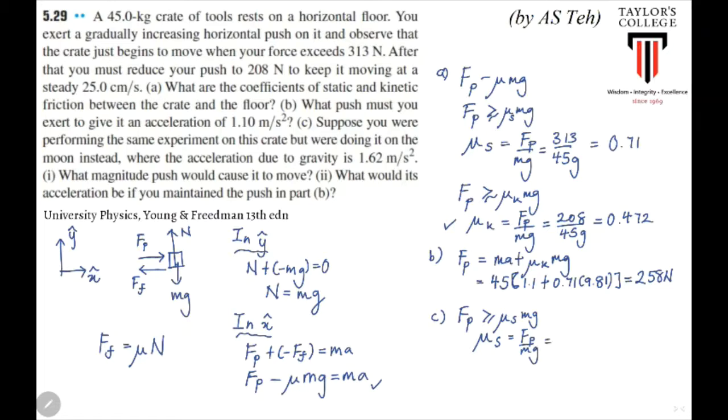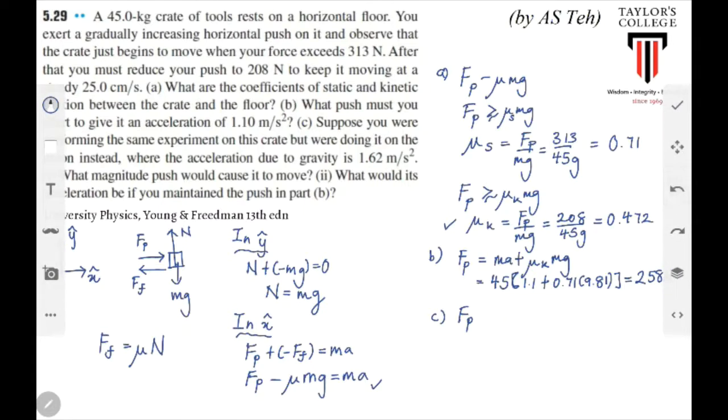Sorry, it asks us to find that pushing force value. So let me just erase this. That pushing force will have to be greater than or almost equal to mu s mg for it to move.